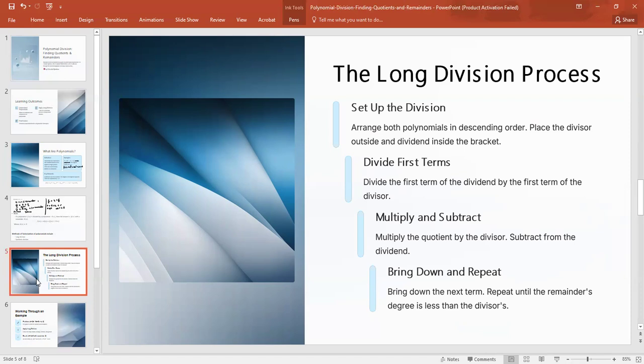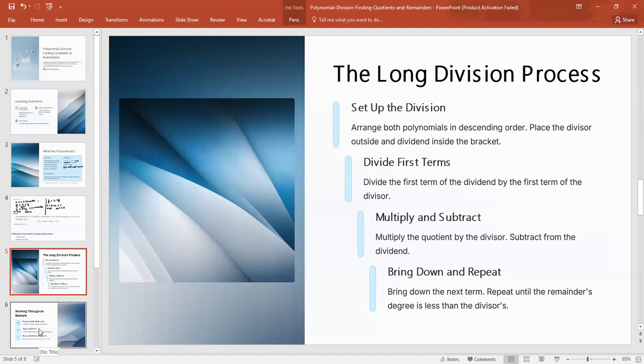After that, you divide the first term of the dividend by the first term of the divisor. The next step will consist of multiplying and subtracting. So you have to multiply the quotient by the divisor, and next you have to subtract from the dividend. You now have to bring down the next term, and then you repeat the process until the remainder's degree is less than the divisor's degree.